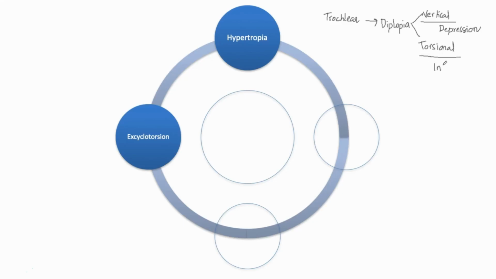Because of failure of intorsion. And how does the patient compensate? One way is that the patient tucks the chin in, so that he can better see the down part of the visual field. So try to tuck your chin inside.